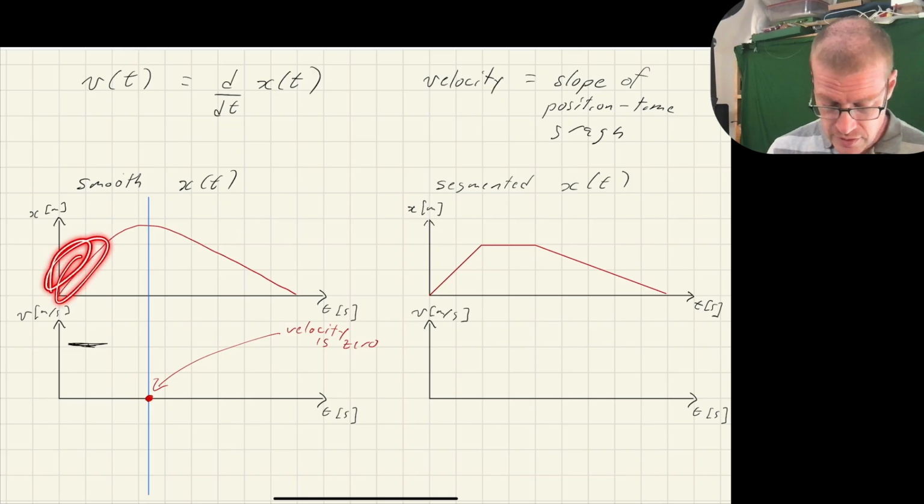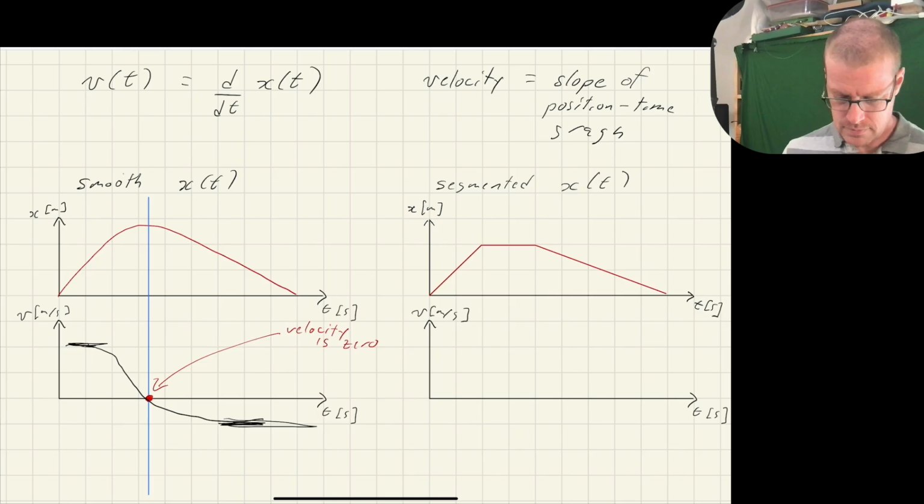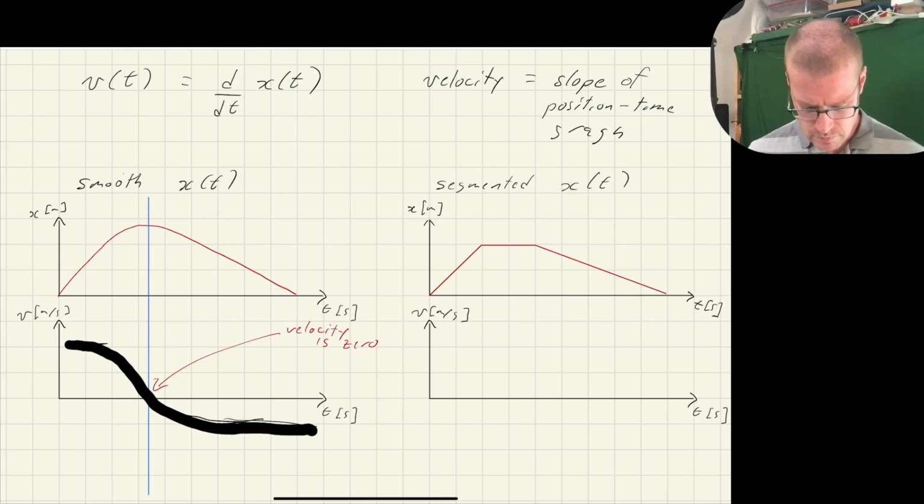And I also note that this slope is steeper than this one, so this distance must be smaller than this distance. And then I just smoothly connect those regions. That's probably a pretty good estimate for what the velocity looks like given this position graph.